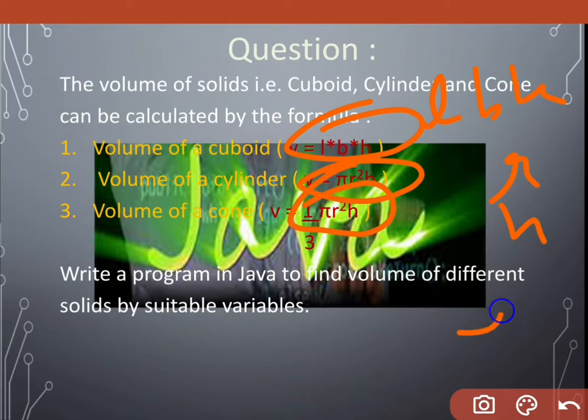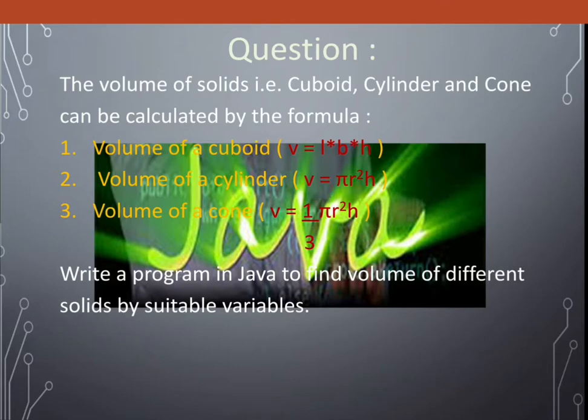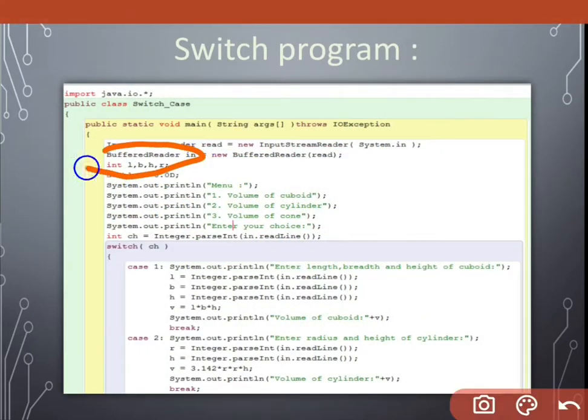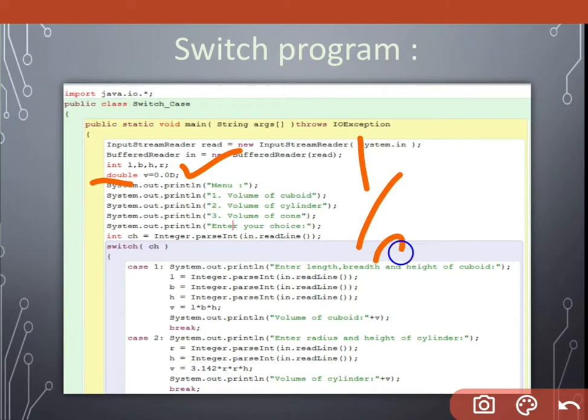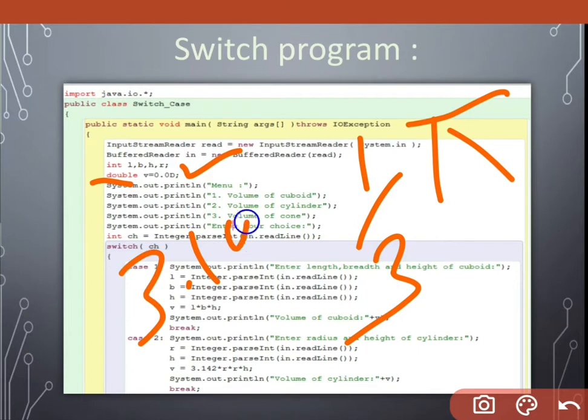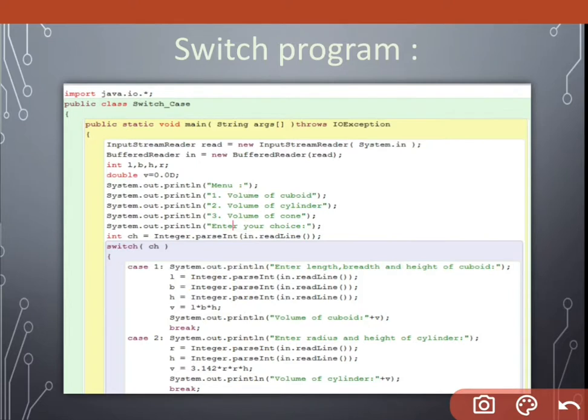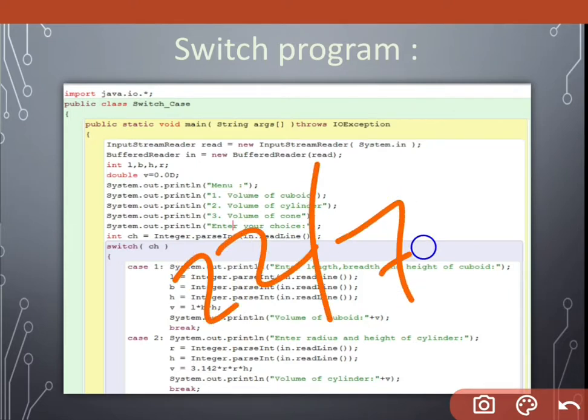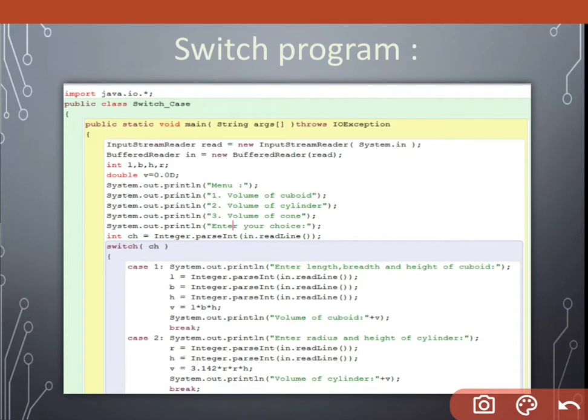Here also we want R and H, so L, B, H, R and H. These variables we want, that's why I wrote L, B, H, R. We have to find the volume, so I wrote double, because sometimes we have to use pi also. The value of pi is 3.142, or we can say 22/7. And see, this variable V I had already declared to store the volume inside it.